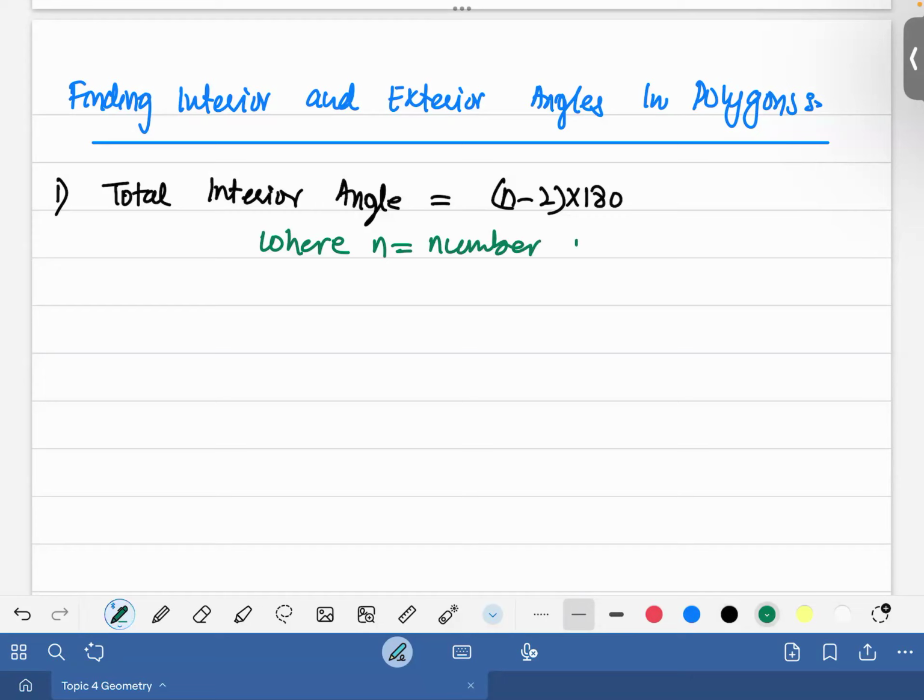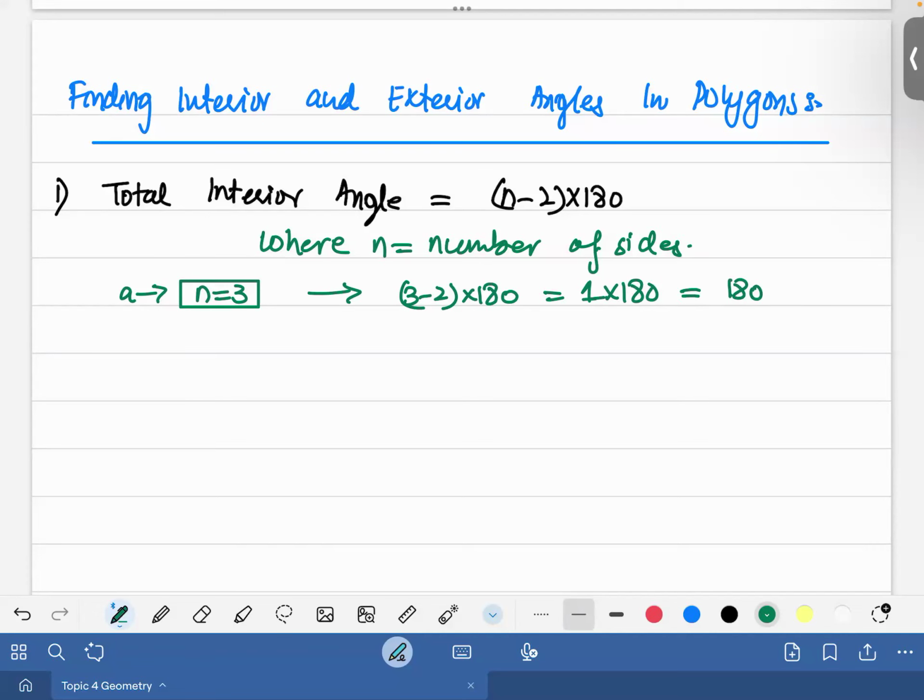For example, when n is equal to 3, the number of sides is 3, so 3 minus 2 multiplied by 180 is 1 times 180. We know that triangles have a total angle of 180 degrees. Agree? When n is equal to 4, in quadrilaterals, 4 minus 2 is 2, and 2 times 180 is 360. Agree?